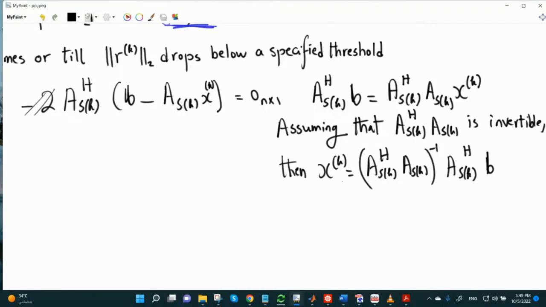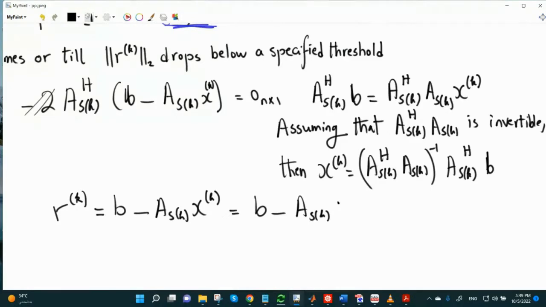Now, the residual itself is updated by this quantity. So this is the new residual in the kth iteration. And so this is b minus A sub S of k, x of k, and then we will put the expression for x of k here.